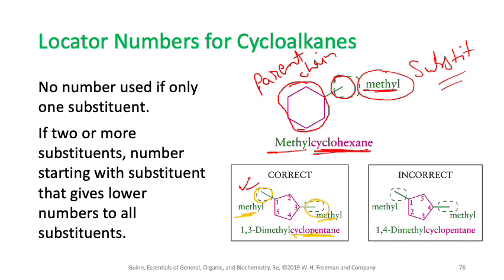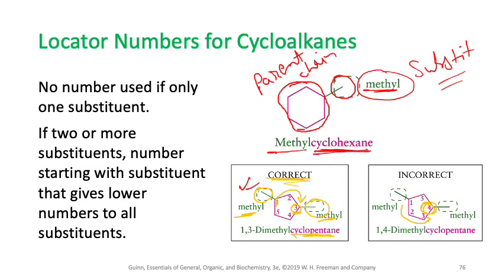The lowest number that you can give to any substituent is 1. If you're getting this as 1, then you have to start counting clockwise, so that the other substituent will get 3. You cannot go the other way around. If you had gone the other way around, the other substituent would get 4, which is not possible because we are already getting a 3. So this is the correct way of counting.